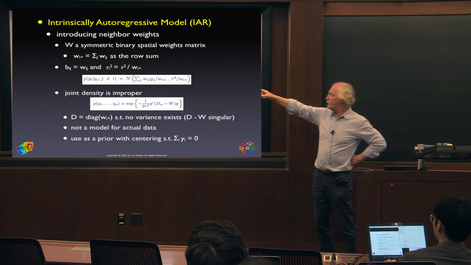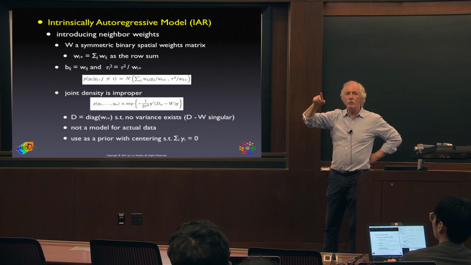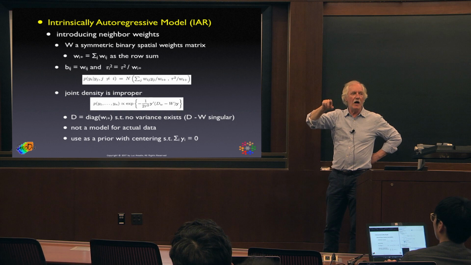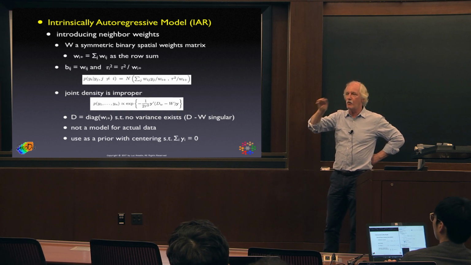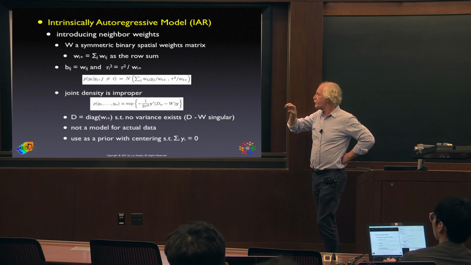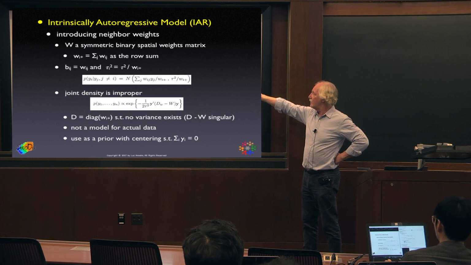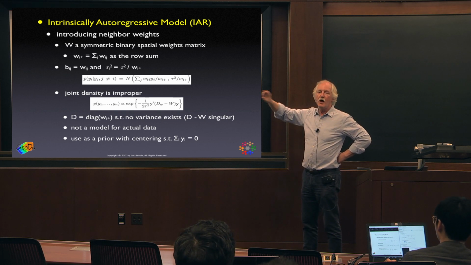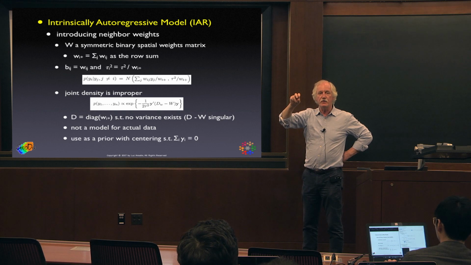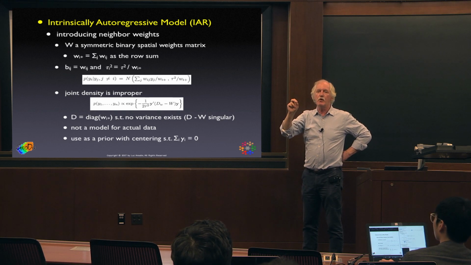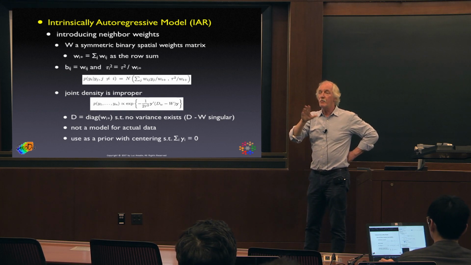So whether you write this like this or you do Wij divided by Wi plus is the same thing. These are row standardized weights. But then the variances are connected to a common variance divided by the sum of the row weights. So now we're a little bit more in business.